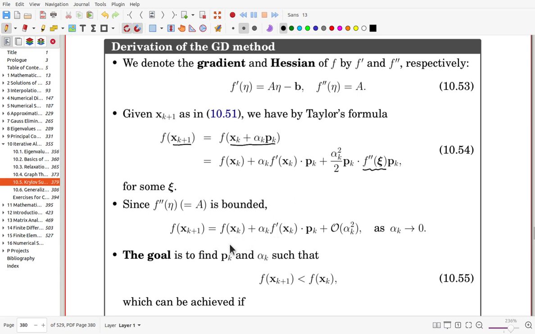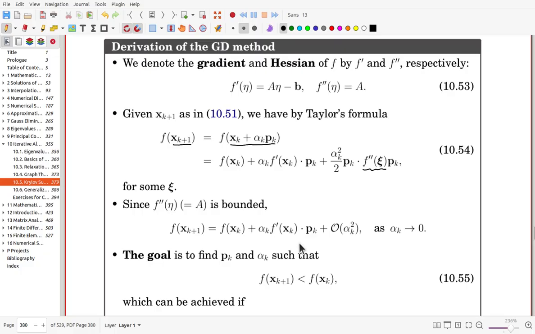So we may write this equation in this form because A is bounded. We may say that this is of order alpha_k squared when alpha_k is small. So this can be written in this form.